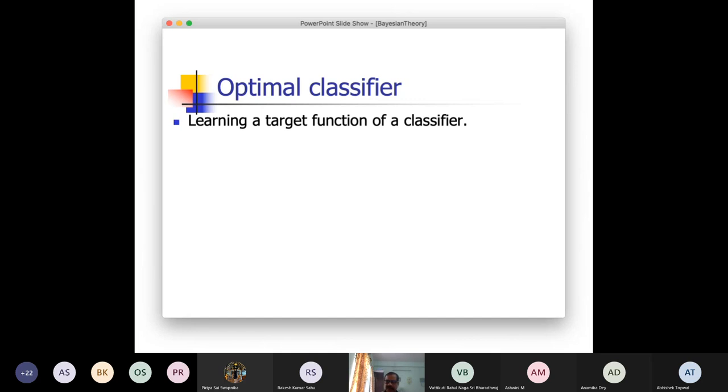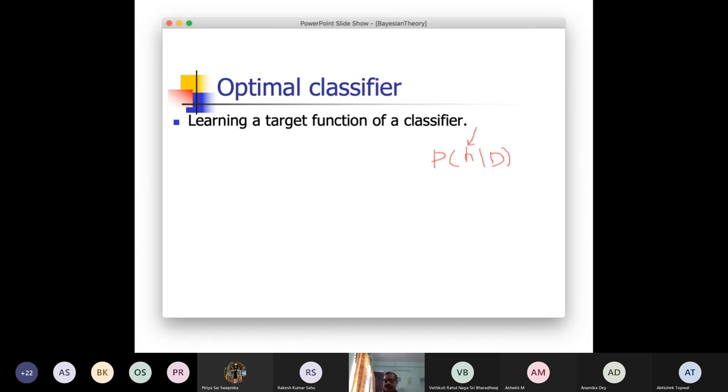Okay, so if I consider the whole space of hypotheses, the posterior probability of a hypothesis given data can also be considered a weight of that hypothesis.